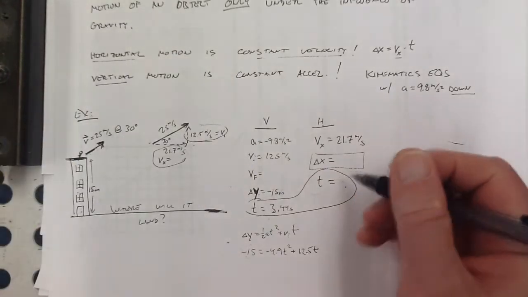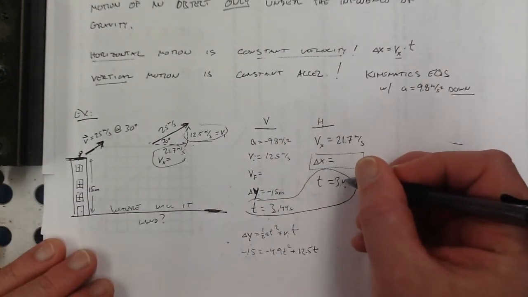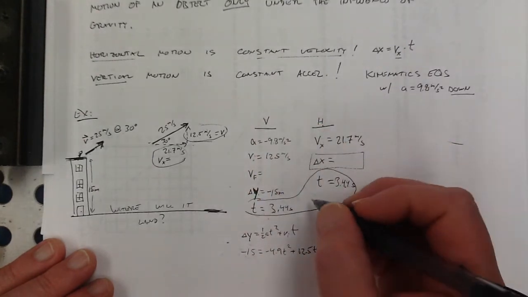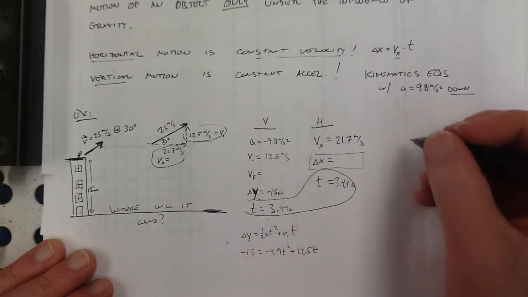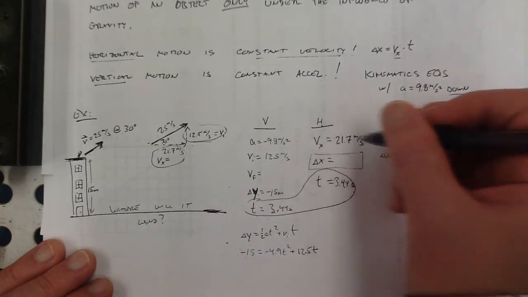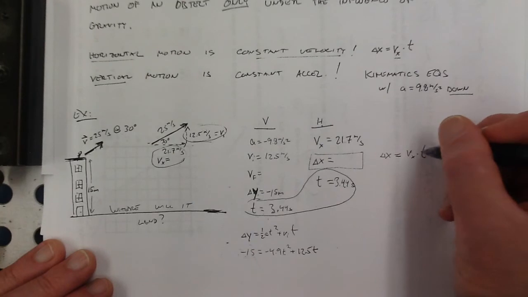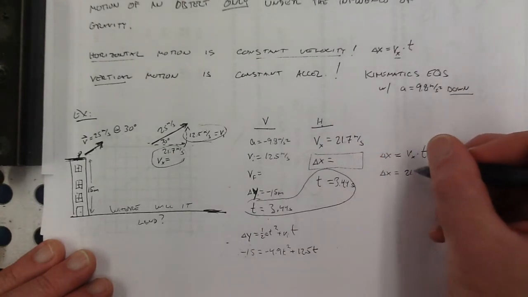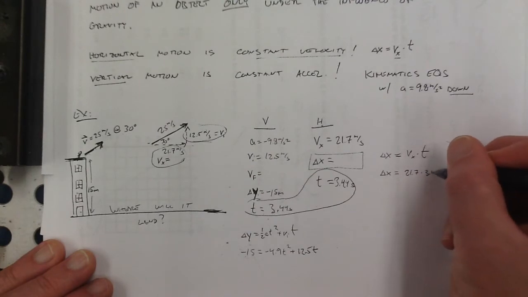The time is the same because it's the same projectile, horizontal, vertical. And then here I have delta x is equal to Vx times t. So delta x is 21.7 times 3.44.